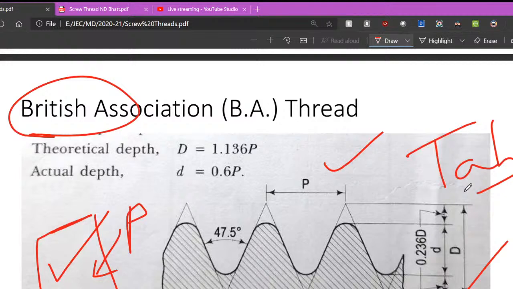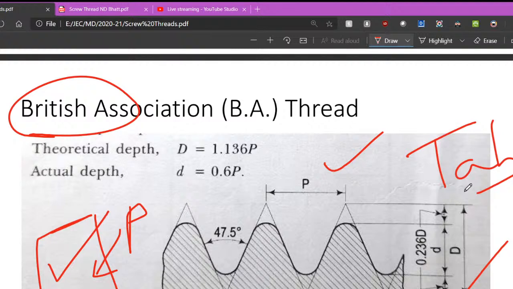See, there are two forms, because there were various manufacturers using them in the Navy and in machine threads. So as per convention, with time they developed these two standards like British Association threads.